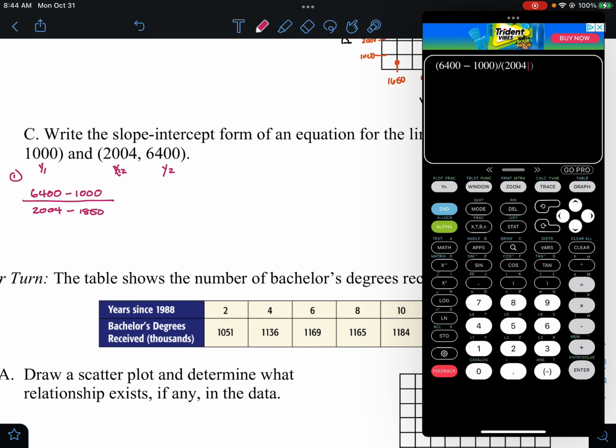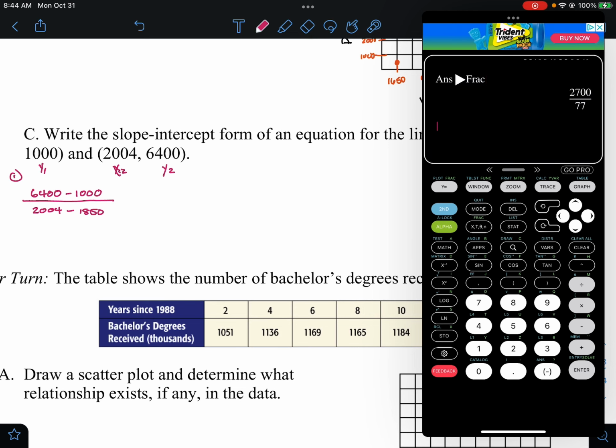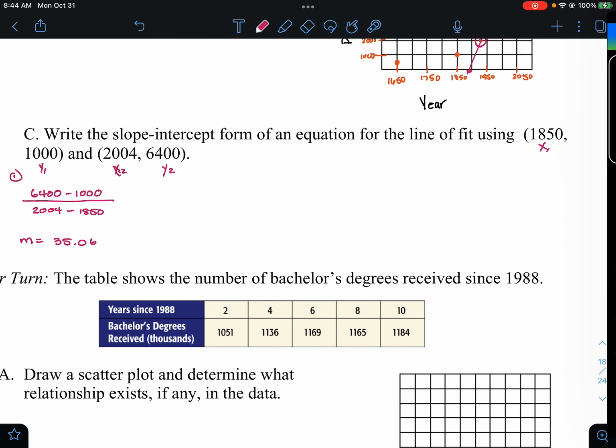But 2004 minus 1850. And it will give us our fraction all at once. And actually, I think I'm going to write this in decimal form. So our slope is 35.06. Okay.